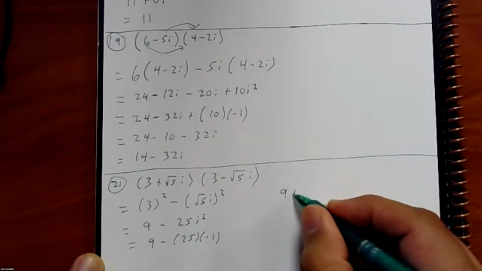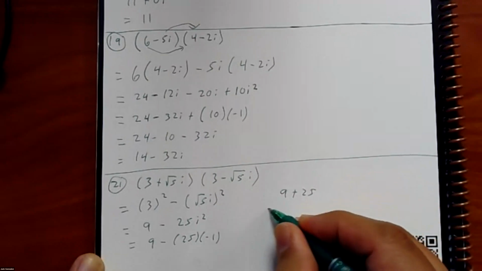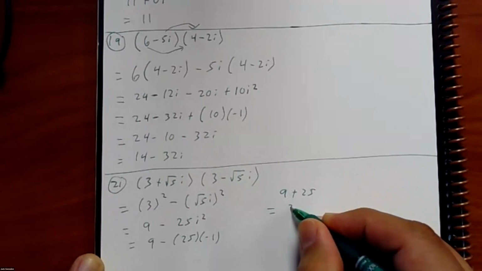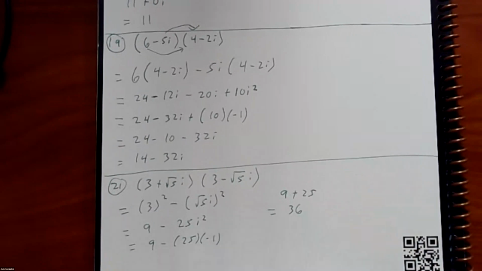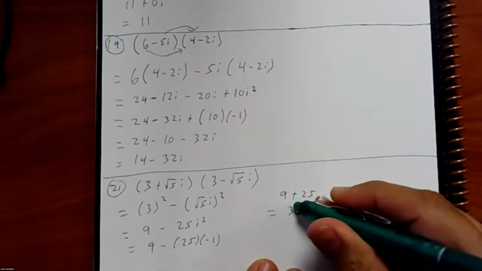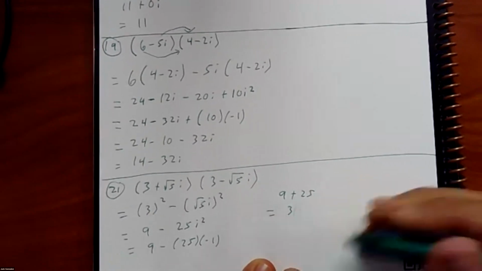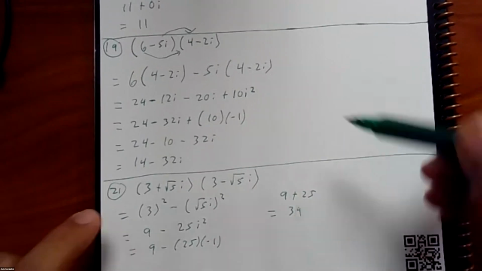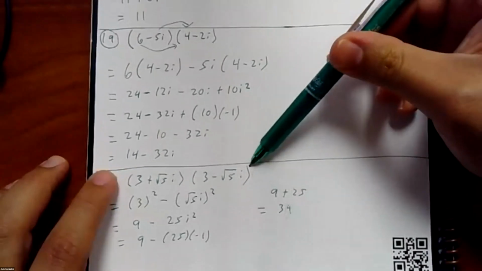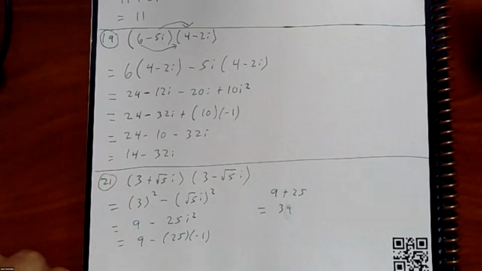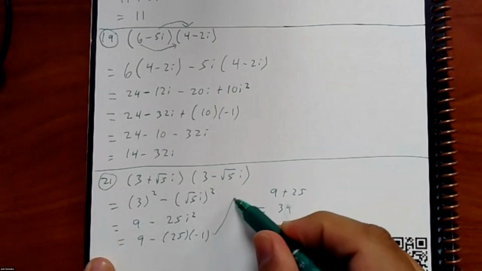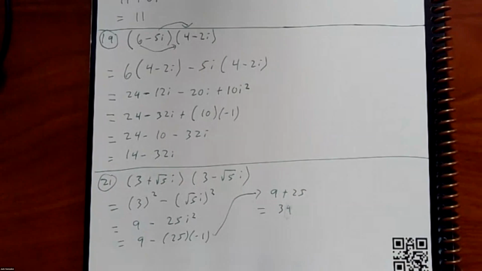So 9 plus 25. You guys remember the difference of squares, right? The conjugate pairs. Okay.